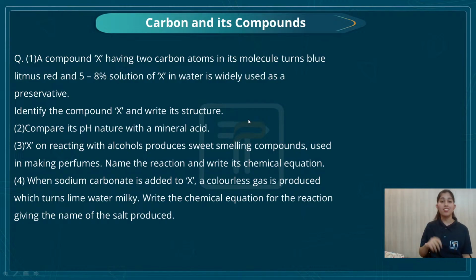That means it is an acid. Yes, acid is there. And a 5 to 8% solution of X in water is widely used as a preservative. Now, this is again your hint that this is an acid, and 5 to 8% of this acid is used as a preservative in a lot of your dishes and your pickles and all that. Now, what is that compound? Identify the compound X and write its structure.